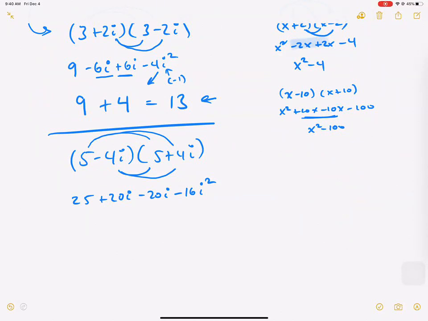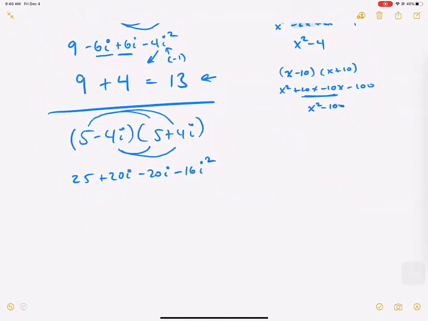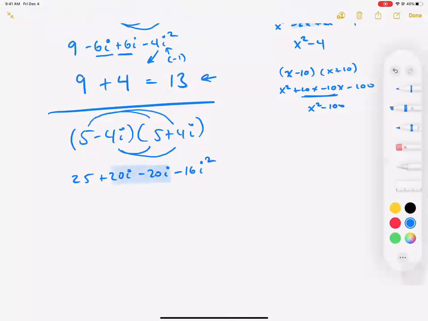Now, what do you notice automatically cancels out? 20i and negative 20i, right? Those automatically cancel out. What happens to i squared? This is really negative 1, right? And is a negative and a negative a positive? So this is 25 plus 16, which is going to be 41.